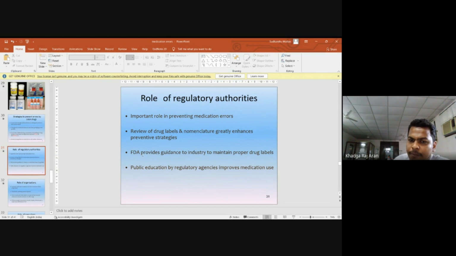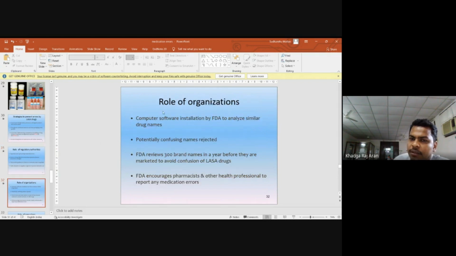Next, the FDA provides guidance to industry to maintain proper drug labels as per the Food and Drug Administration. Public education by regulatory agencies improves medication use. They can conduct various seminars and various training for patients and healthcare providers, so that could help to reduce errors or improve medication use in the patient.